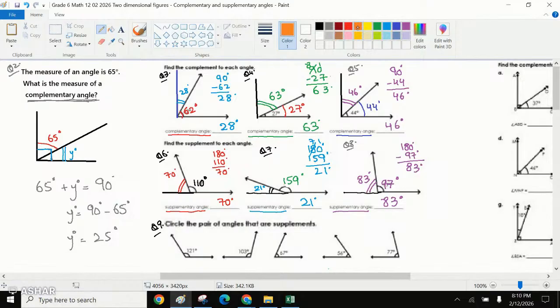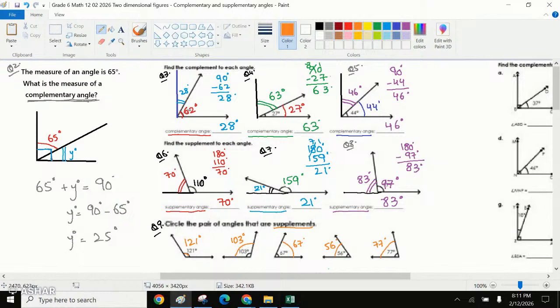They are asking for supplementary angles. This angle was 121, this angle was 103, this was 67, this was 56, and this was 77. So which two angles will have a sum of 180?